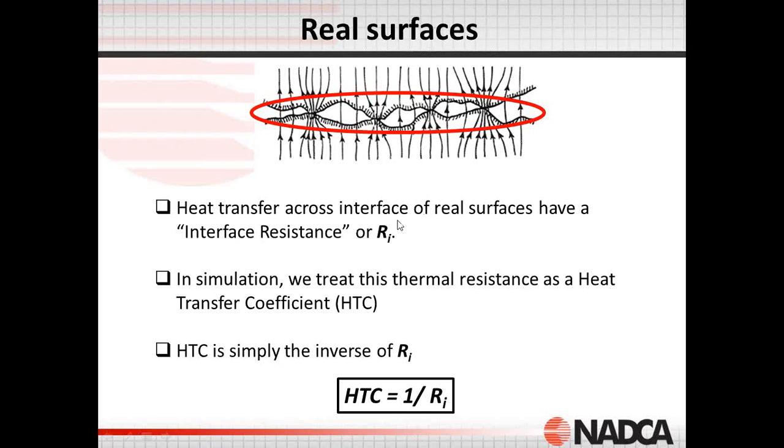If you Google contact resistance or thermal contact resistance, you'll see an endless amount of research on this very subject, for applications such as cooling of CPU chips and the like, to understand what controls that rate of heat transfer. In the high pressure die casting world, we don't use the term interfacial resistance, but we do use a heat transfer coefficient. They're basically the same thing. Heat transfer coefficient is simply 1 over that interface resistance.